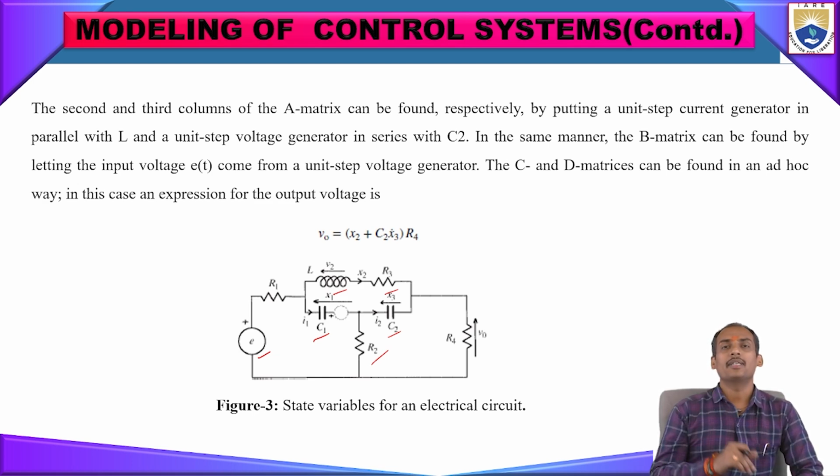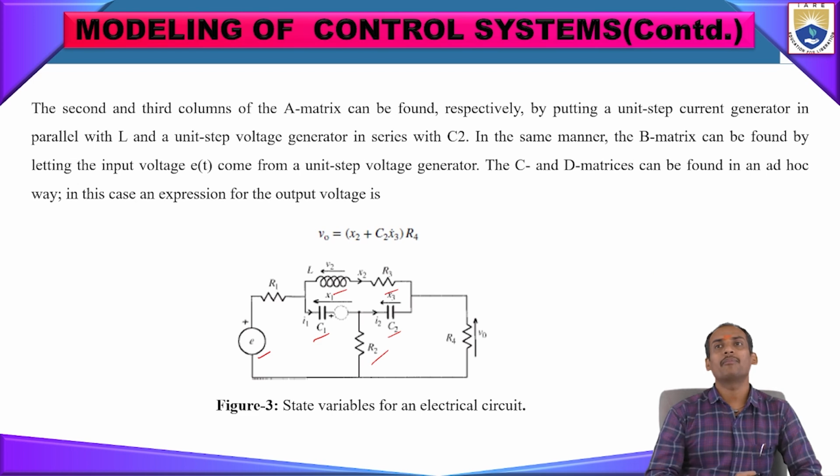Mod of Si minus B. The A matrix is generally found by putting a unit step current generator in parallel with L and with a capacitor C. In the same manner the B matrix can also be found out by the voltage E of t, the unit step voltage, with respect to the unit step voltage generator. The C and D matrices will be found in the same way only.